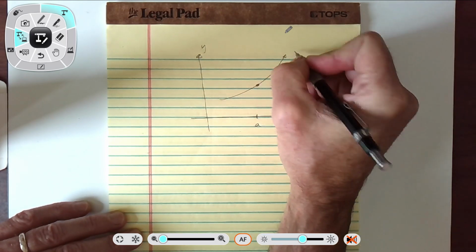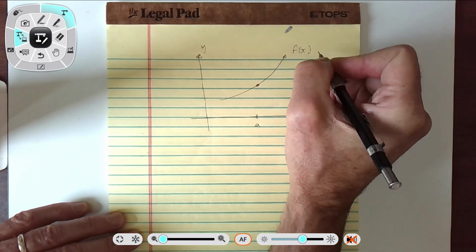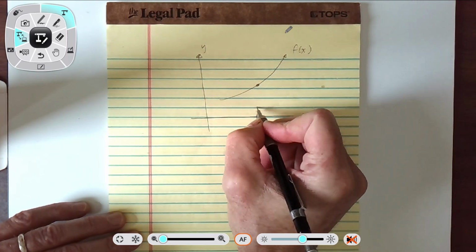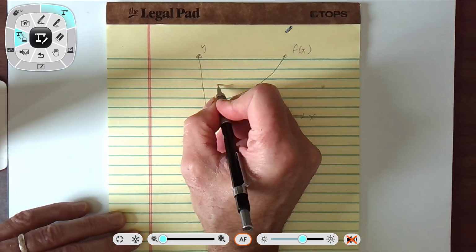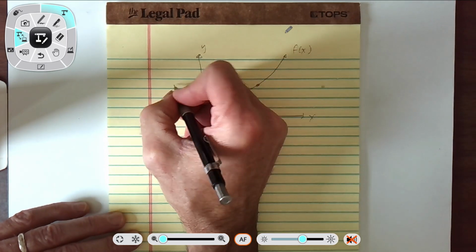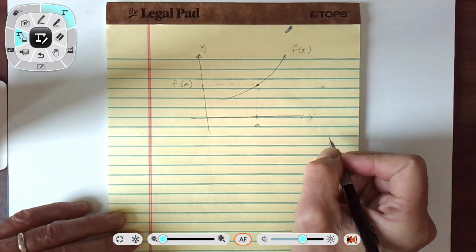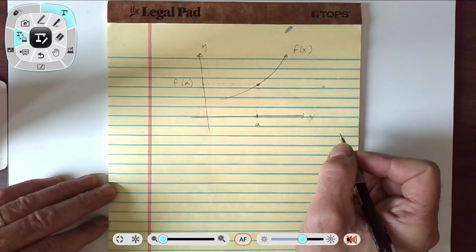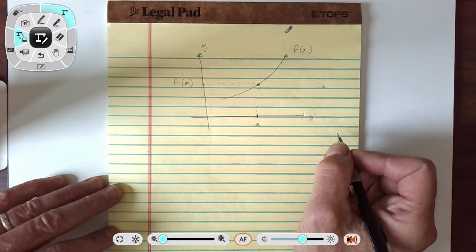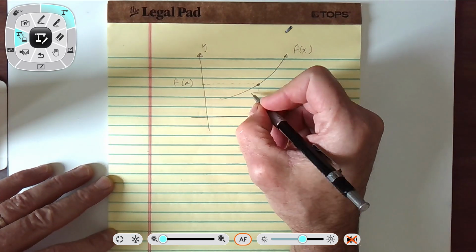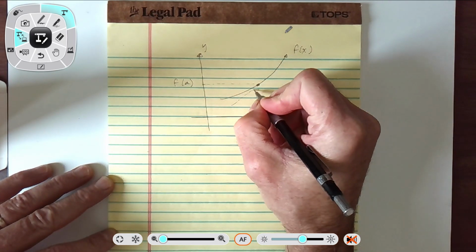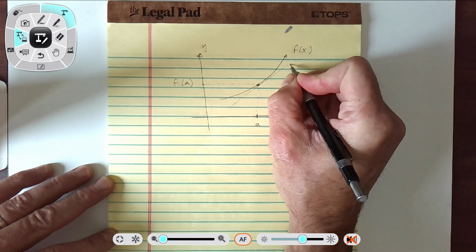So I guess this guy is f(x), right? And we know that if this value is a, then this value right here is f(a). So we have something that kind of looks like this, and what we're after is this slope, this line right here, right?